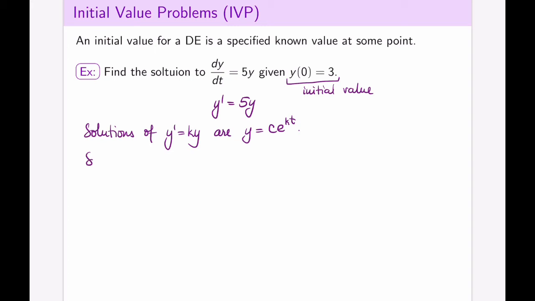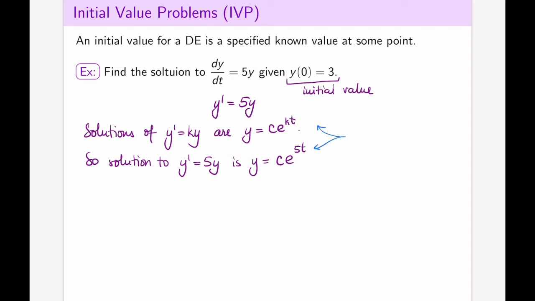What I have here is I need a solution to y prime equals 5y. So what I immediately notice, of course, is that it means that in my case, k is simply equal to 5. So now, matching this to the solution provided is going to give me the fact that my solution is going to be ce to power 5t.